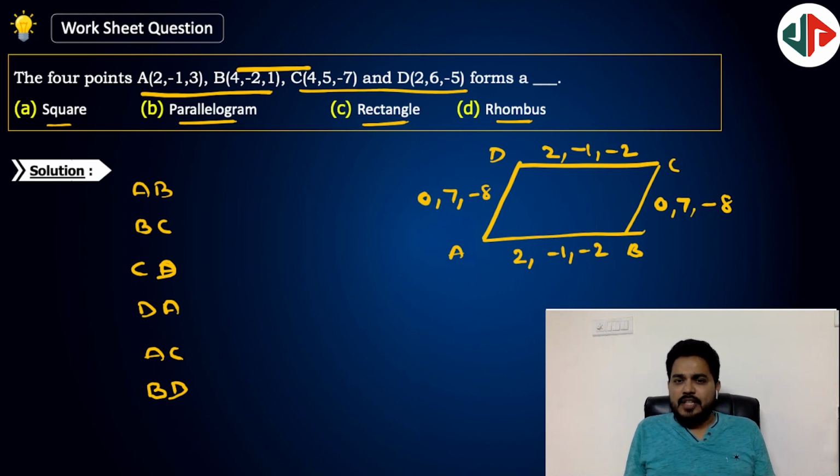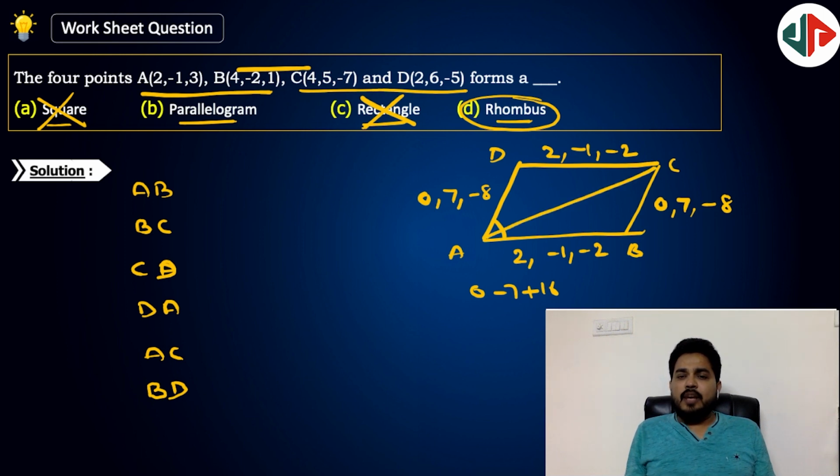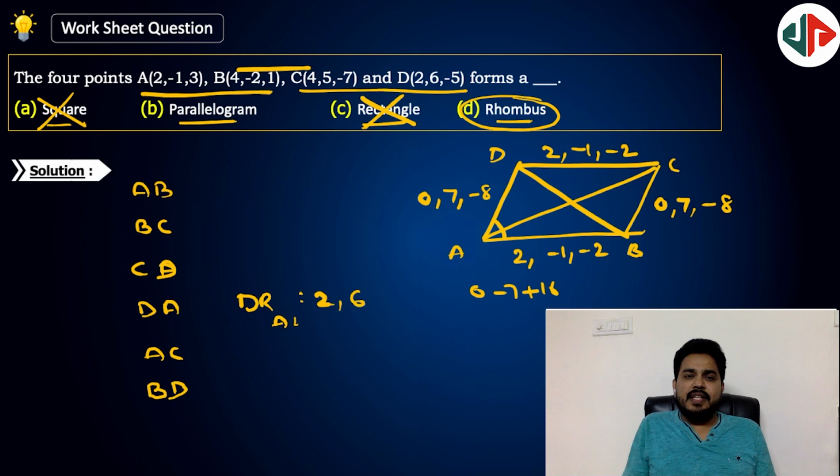Now what is the dot product? 0 into 2, 0, minus 7 plus 16. So this is not 90 degrees, so rectangle is ruled out, square is ruled out. Now whether it is a rhombus or not: for that, you can go ahead with the DRs of AC. DRs of AC is 4 minus 2 is 2, 5 minus of minus 1, 6, minus 7, minus 10.